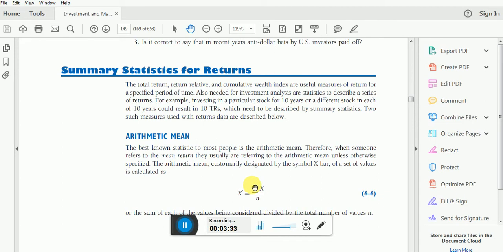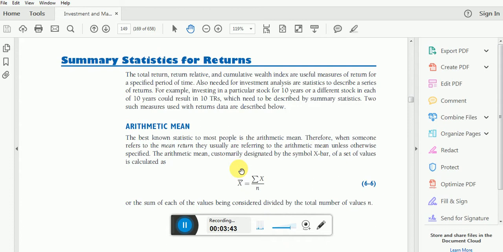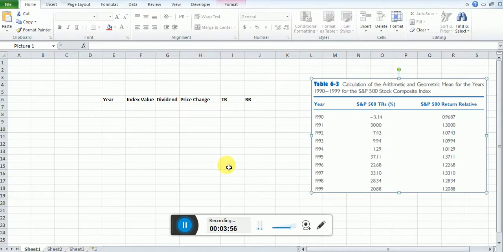Today I'm trying to show you the practical usage of the arithmetic mean and also the geometric mean, and how the arithmetic mean differs from the geometric mean. Dear students, let me show you in Excel.